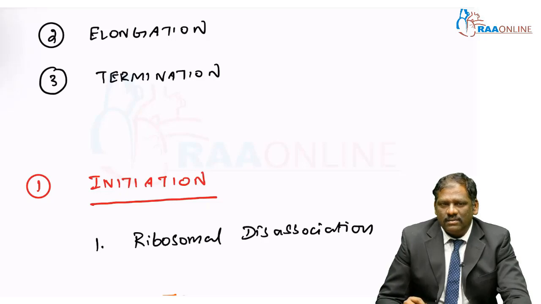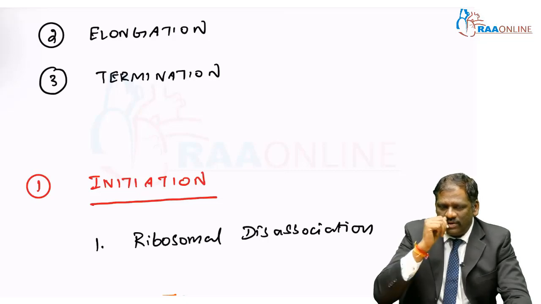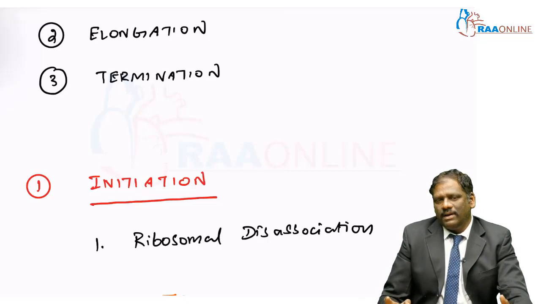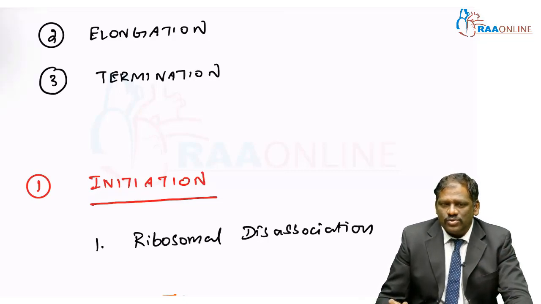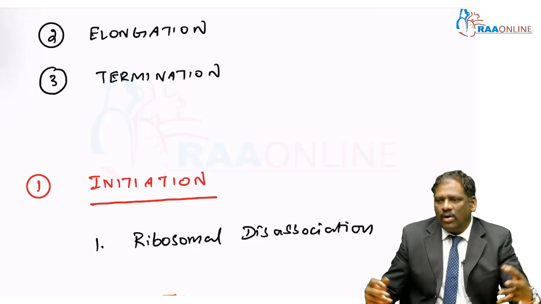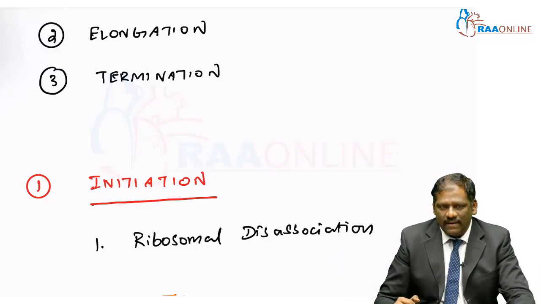Now we will see what occurs during initiation. If you are arranging some kind of function, you first need to arrange the building. This office-like structure is the ribosome. The ribosome has to get altered in order to accommodate all the occurrences that are going to happen inside.